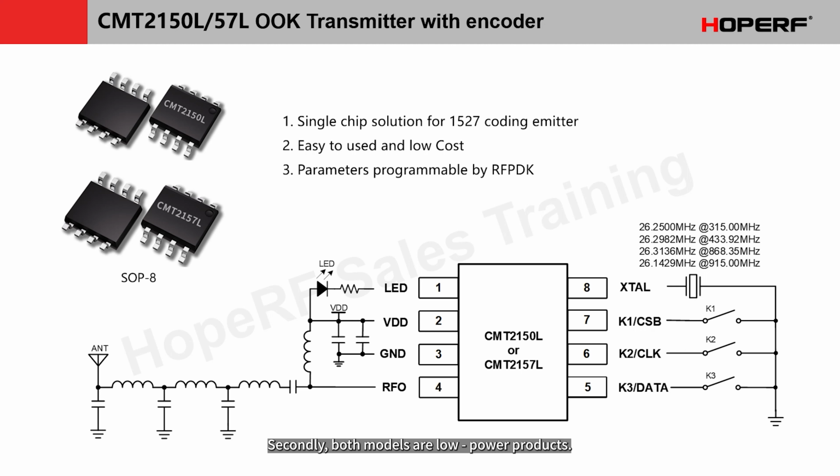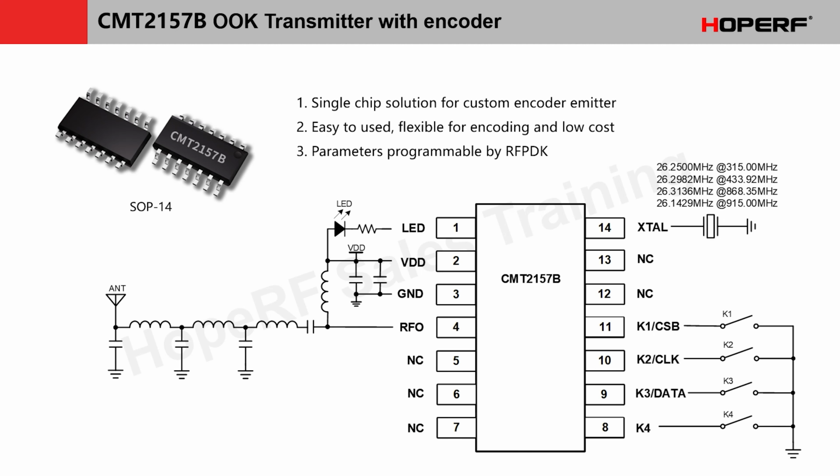Secondly, both models are low-power products. Simple to use. This can be seen from the block diagram. A SOP 8 chip can directly have 3 I/O, connected to 3 buttons. It also has an indicator light, thus achieving a very simple remote control solution. Next, let's talk about the high-end version in this series.